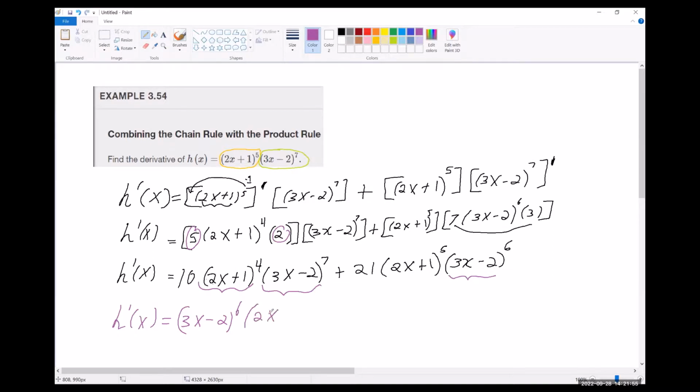So I guess you can bring that to the 4th power out, because they both have the 2x plus 1. So then that would leave me with 3x minus 2. There's only 1 left. There's also a 10 in there because it still has this 10.